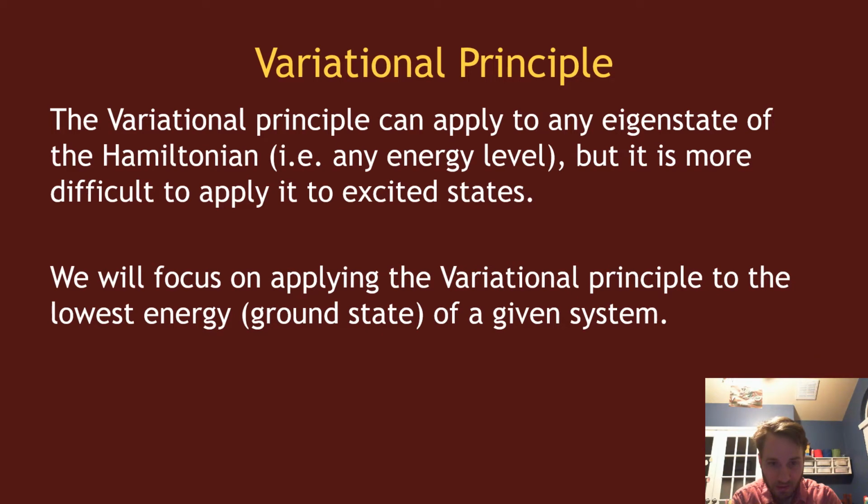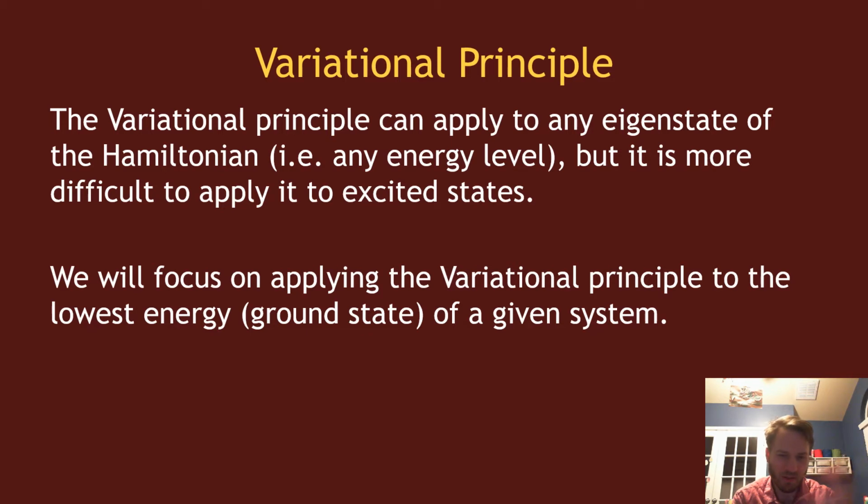In principle, I can use the variational principle to study not just the lowest energy state, but higher energy states as well. It's a little trickier if you try to apply this to a higher energy state, because you want to make sure your guess doesn't somehow get your lower energy state wave function.